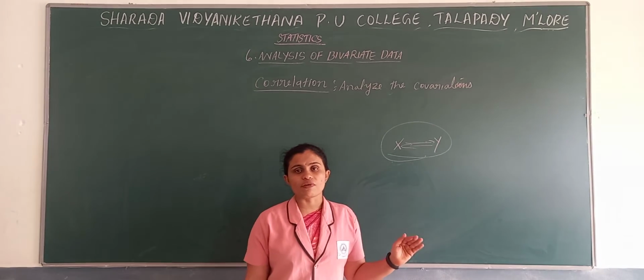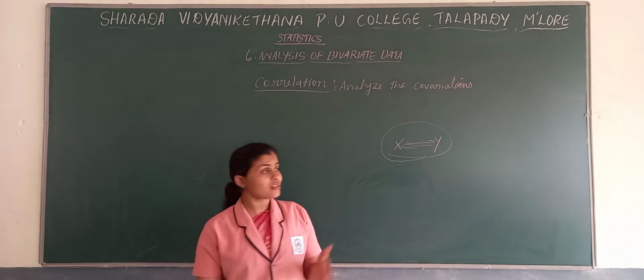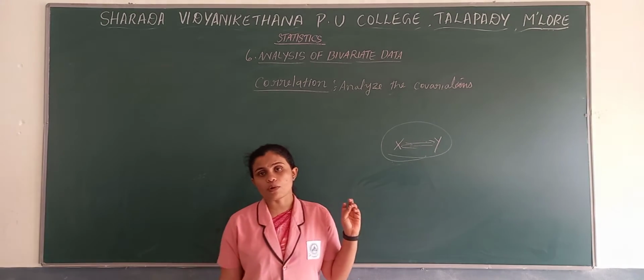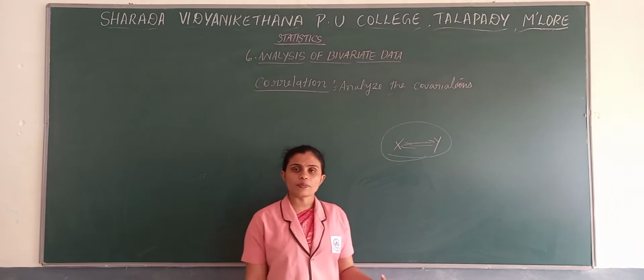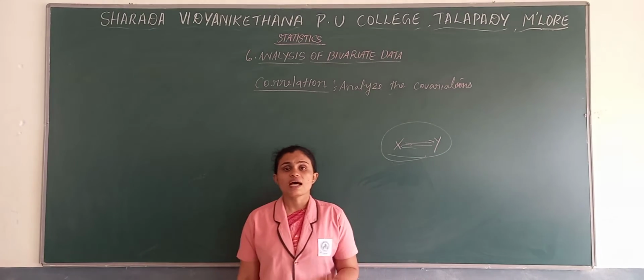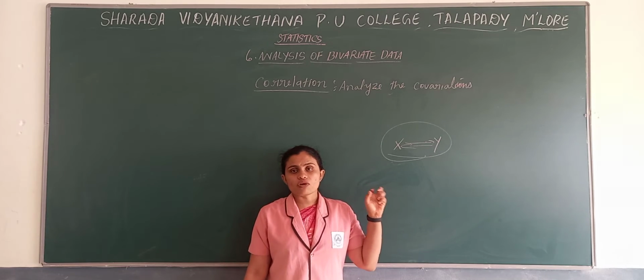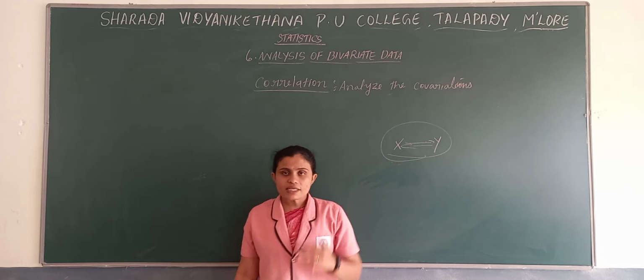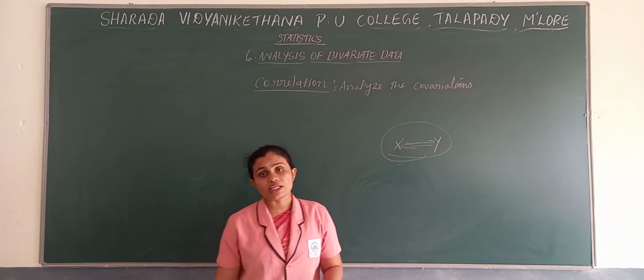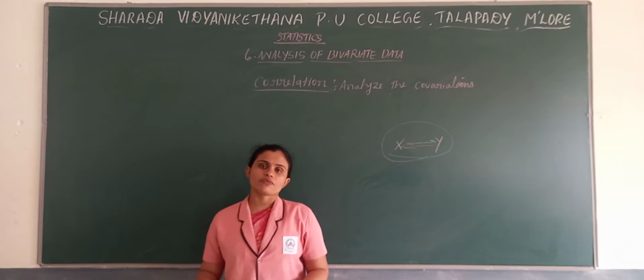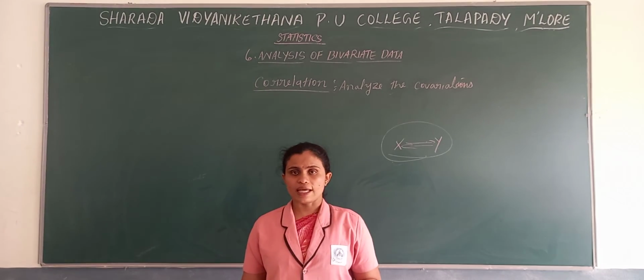This chapter is also divided into two parts. In the first part we discuss correlation, and in the second part we discuss regression analysis. Firstly we discuss only correlation, then after completing correlation we can move towards regression analysis.